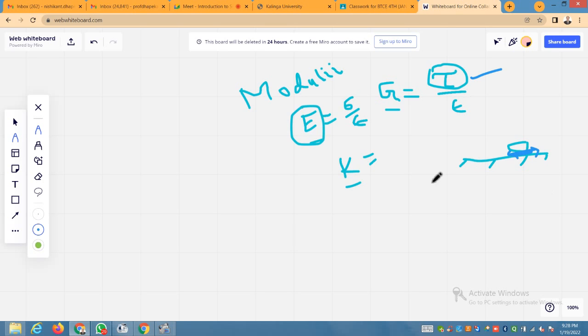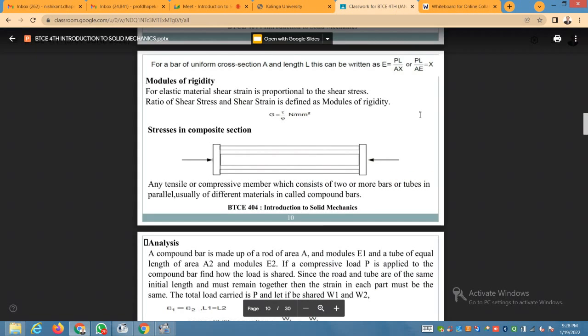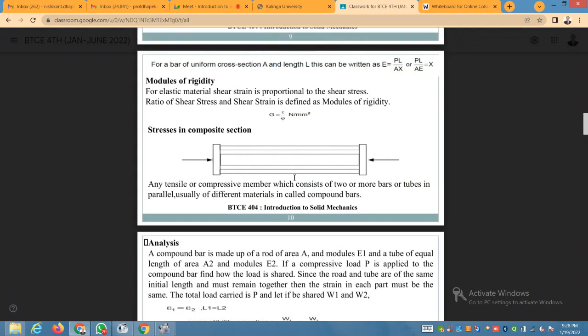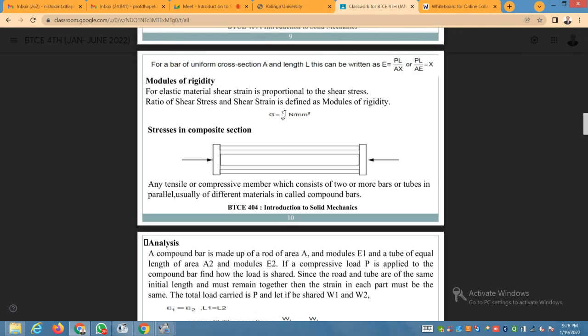So the ratio of shear stress upon shear strain is modulus of rigidity. So this is the difference between modulus of elasticity and modulus of rigidity. In most of the books, you will find that modulus of rigidity is a ratio of shear stress abbreviated by tau upon shear strain abbreviated by this symbol.